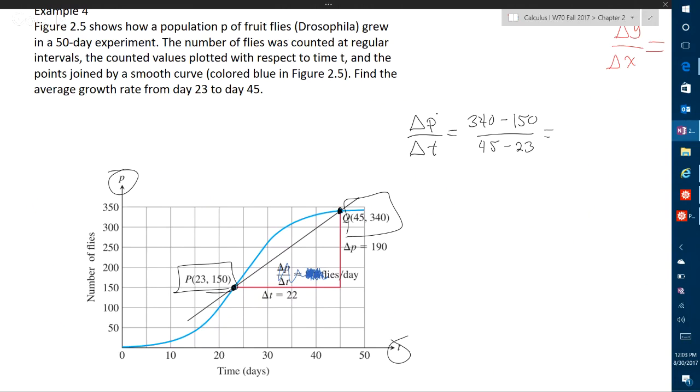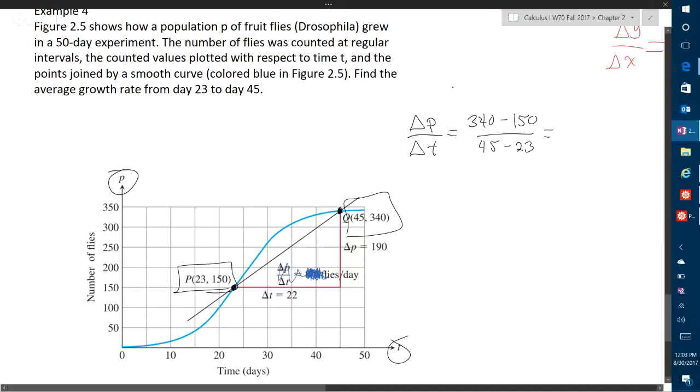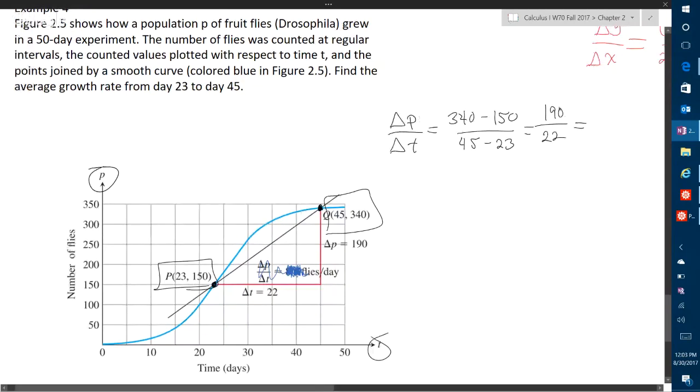Using a calculator, what do we end up with? 190 over 22, and we're going to get an approximation here. 8.6.